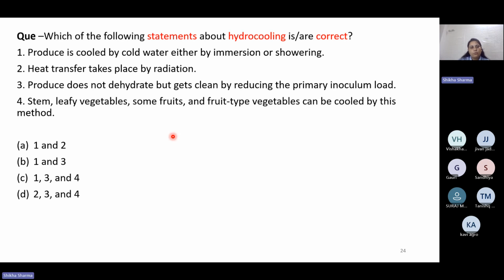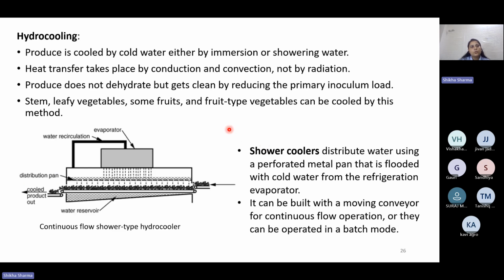Tanishk is also saying C. Okay, let's see. C is correct. They both are correct. So in hydro cooling, what happens basically? Produce is cooled by cold water, either by immersion or showering water.